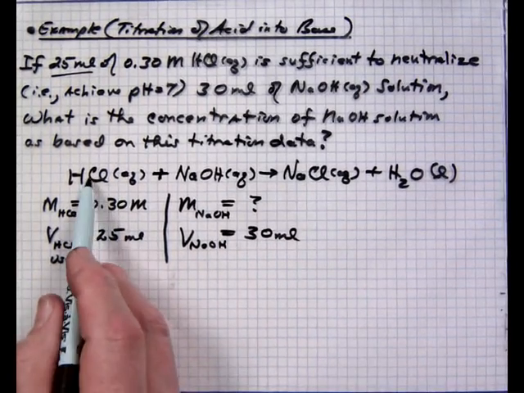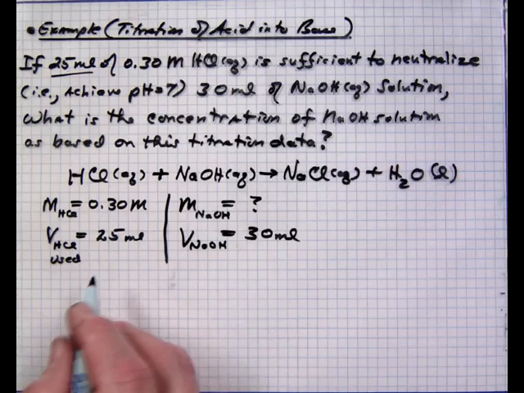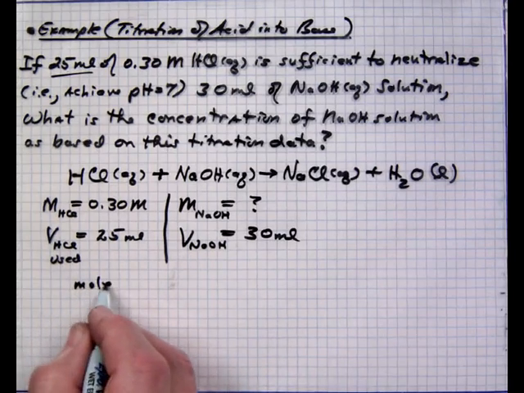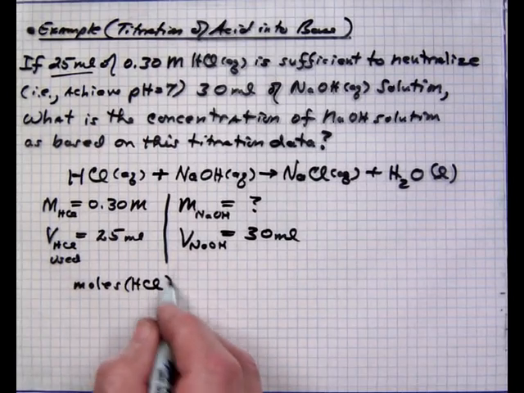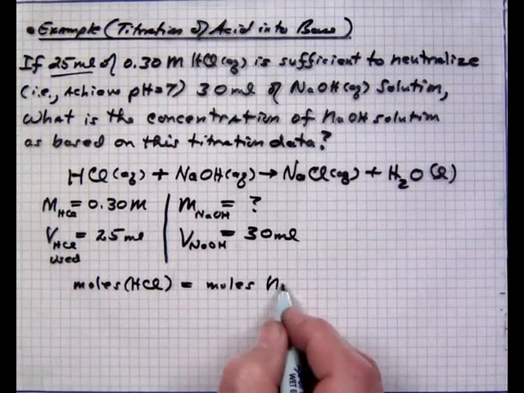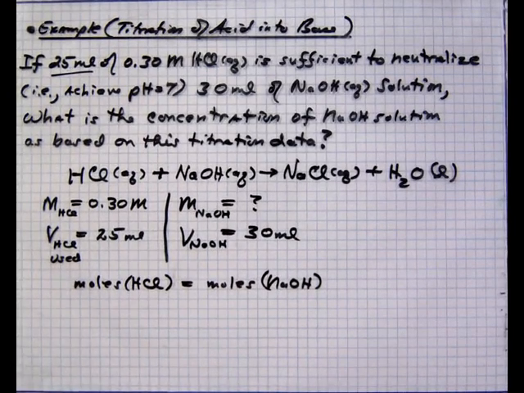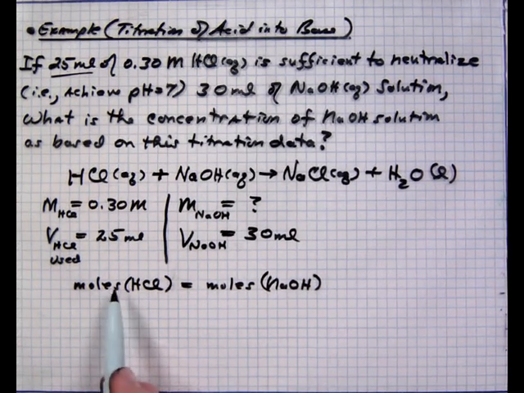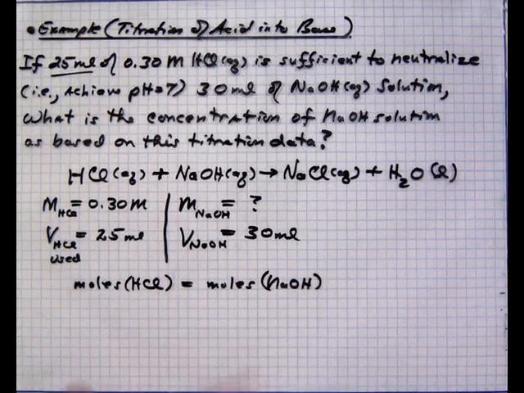Now, since the moles of HCl equal the moles of sodium hydroxide, we can use molarity times volume to calculate the moles of HCl, and molarity times volume to calculate moles of sodium hydroxide, and set them equal.